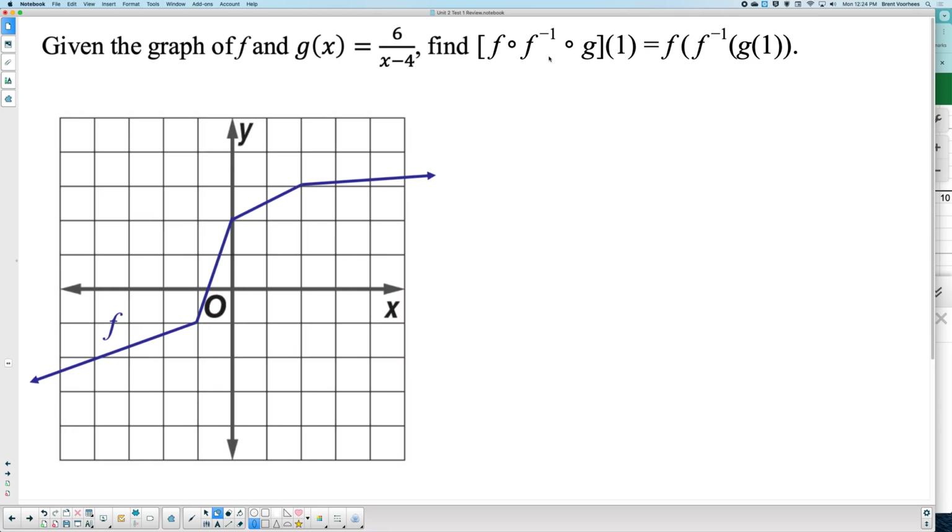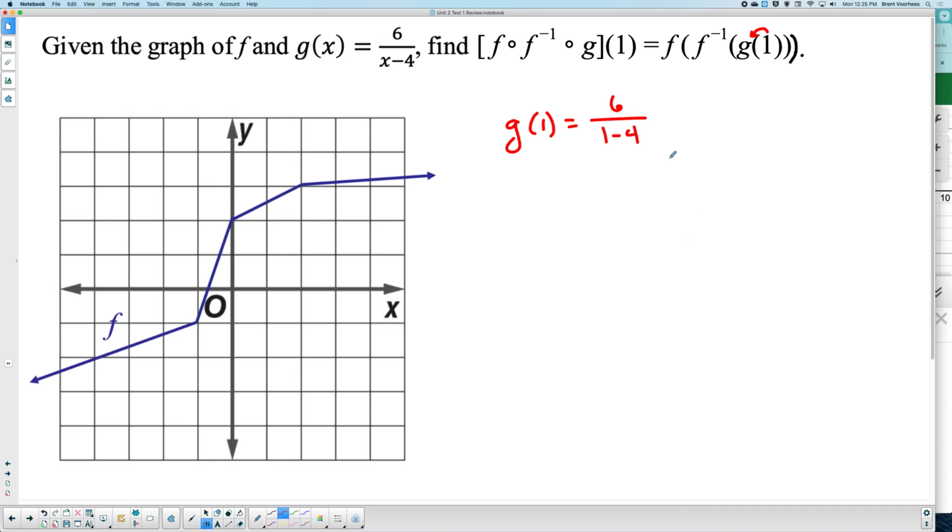F of F inverse of G of 1. How do I start? Once again, I should have had a third parenthesis there, so sneak that in. I first plug 1 into G. So we start with G of 1, which is 6 over 1 minus 4.